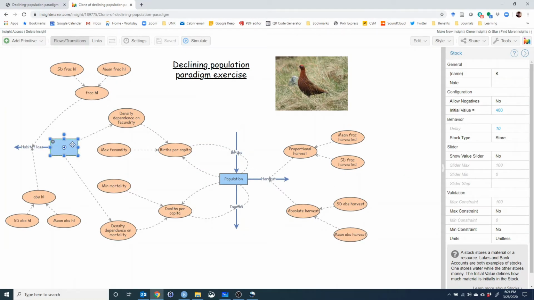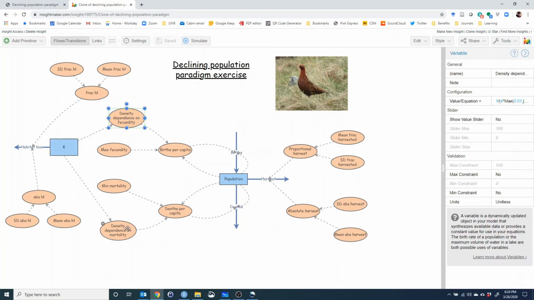Note as well that carrying capacity is linked to the population dynamics, births and deaths, by way of these density dependence terms. So we have this density dependence on fecundity, which we represented as, I think, the term A in our logistic growth model, and this density dependence on mortality, which we, I think, represented as the term C in our models.